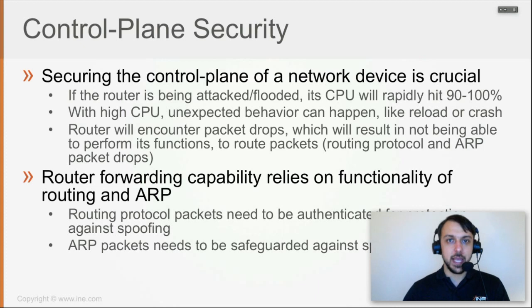And we don't even have to speak about the domino effect, the fact that the control plane of a router is constantly flapping. We don't even have to mention that it is going to cause flapping also to other networks, to all of the other routers in the network.